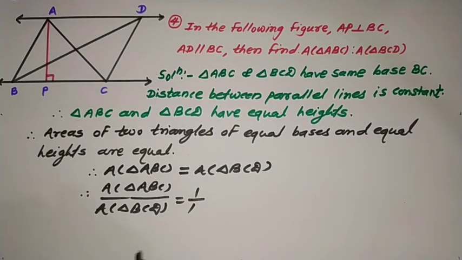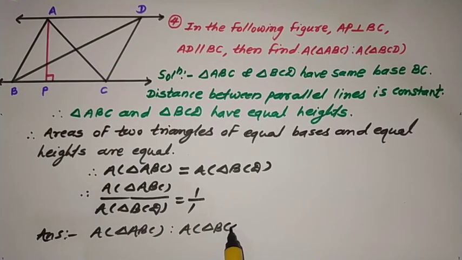Therefore the ratio of the areas of triangle ABC to triangle BCD is 1 is to 1.